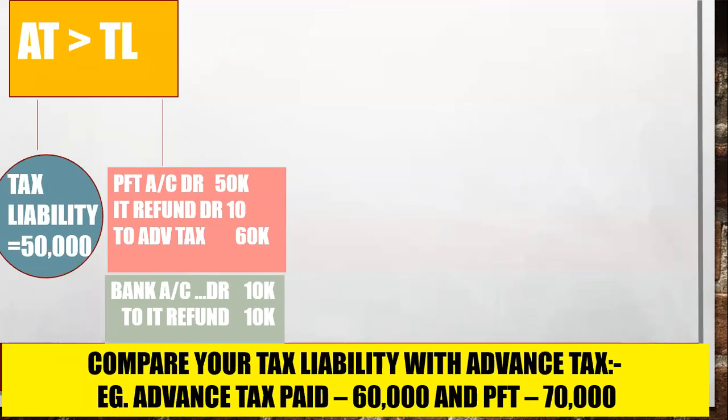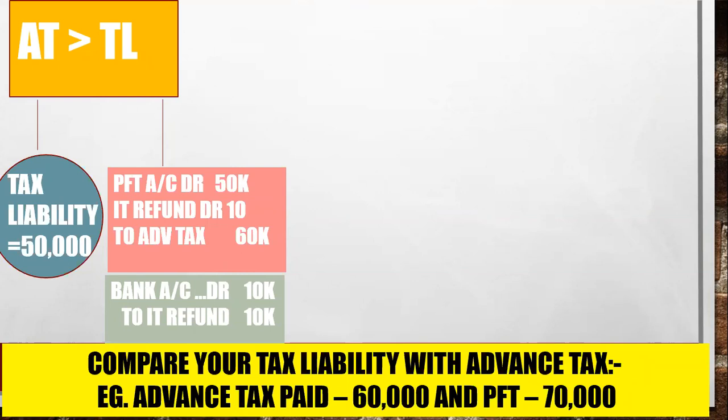First you pass the entry advance tax account debit to cash or bank 60,000. Then second thing, you realize that your tax liability is 50,000. So you have to pass the journal entry PFT account debit 50,000, because your tax liability is 50,000. So tax liability is always paid from your PFT account. Clear?